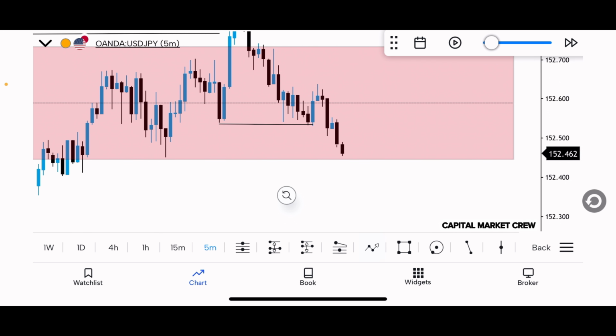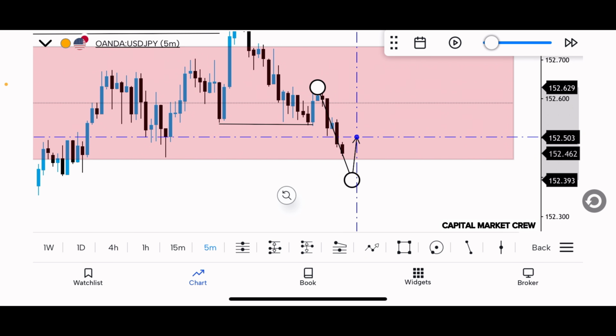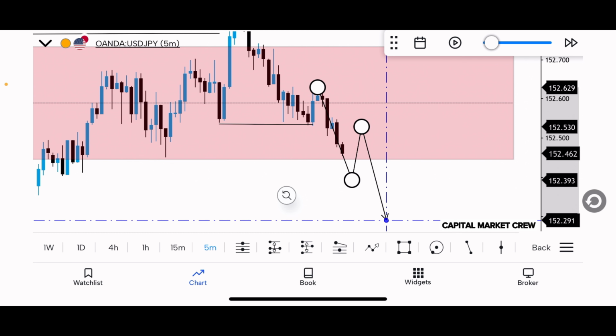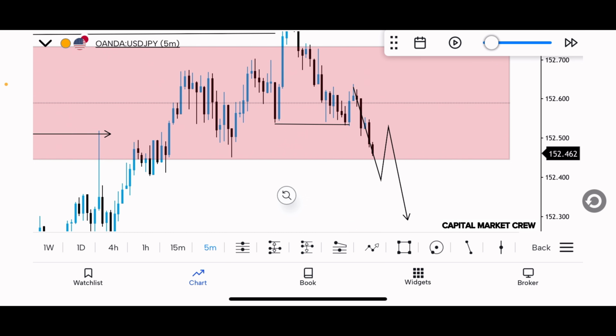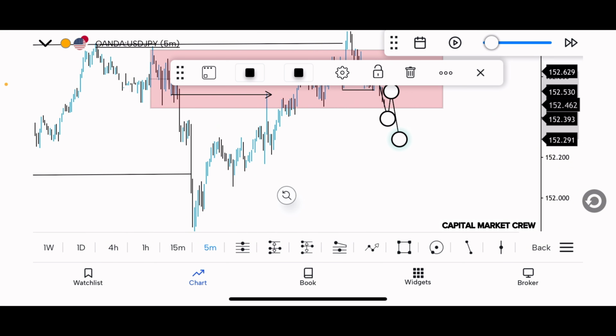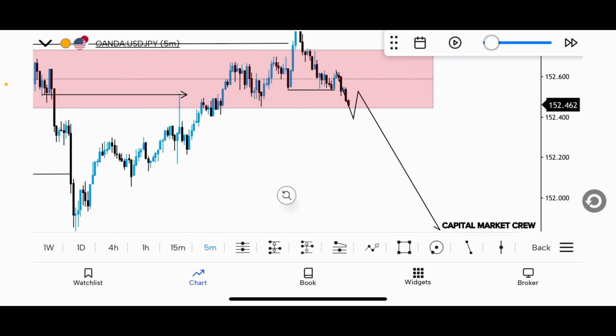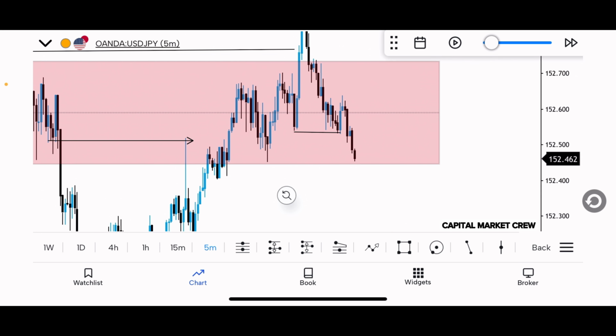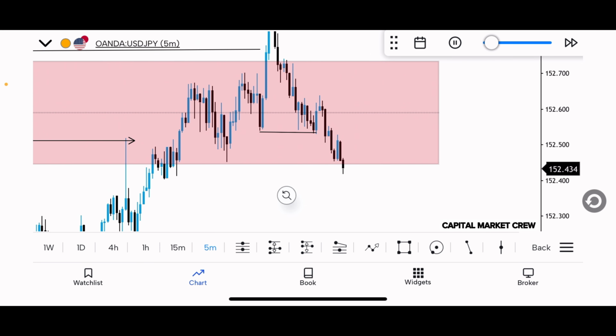So we are waiting for any pullback now from here, to join the market and target the nearest weak low here, target here on the 5 minute time frame. So let's play it.